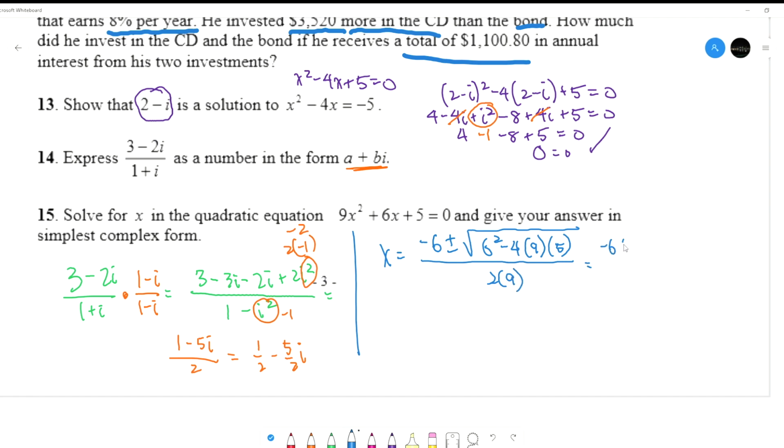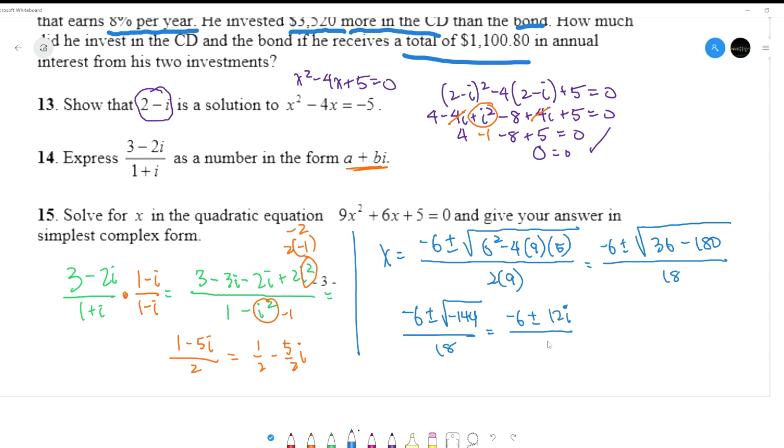This is negative 6 plus or minus the square root of 36 minus 20 times 9 is 180 over 18. So I have negative 144 over here. So this is actually not bad because this is negative 6 plus or minus the square root of negative 144 over 18. And that's 12i. So negative 6 plus or minus 12i over 18.